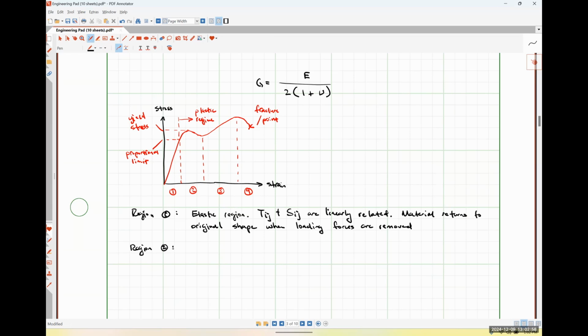Okay. Region 2 is the perfect plasticity or yielding region. Stress and strain are no longer linearly proportional. And plastic deformation has occurred.